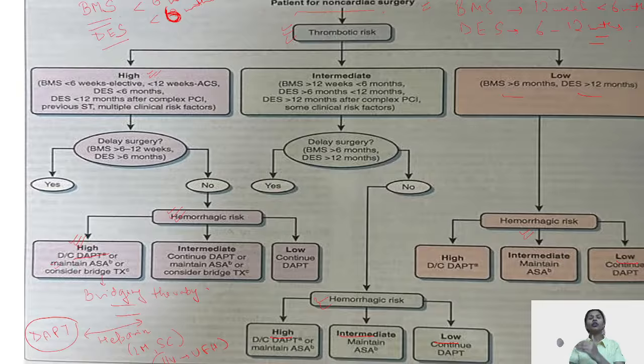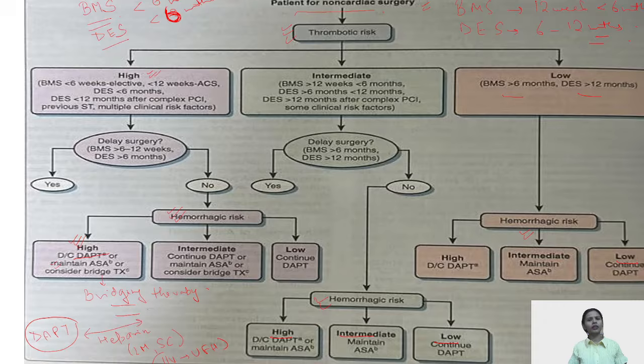If it is an intermediate thrombotic risk surgery, delay it. If you can't delay it, then again judge the hemorrhagic risk of the patient: high, intermediate, or low. If it is high hemorrhagic risk, discontinue your dual antiplatelet therapy. If it is intermediate, you can give aspirin.